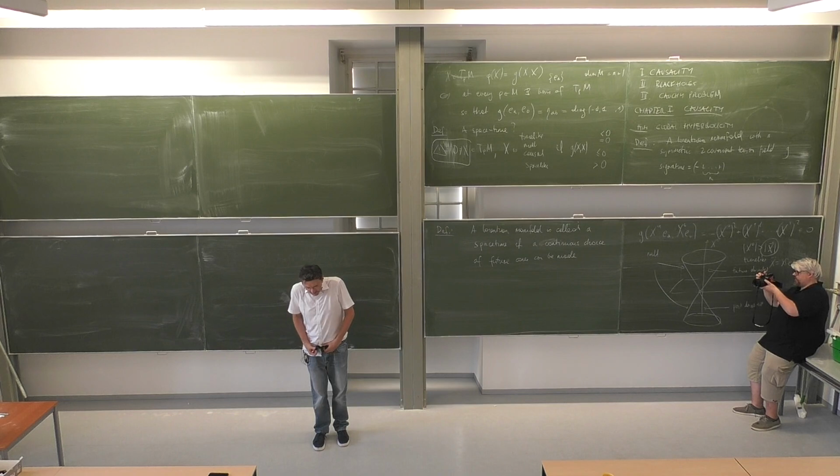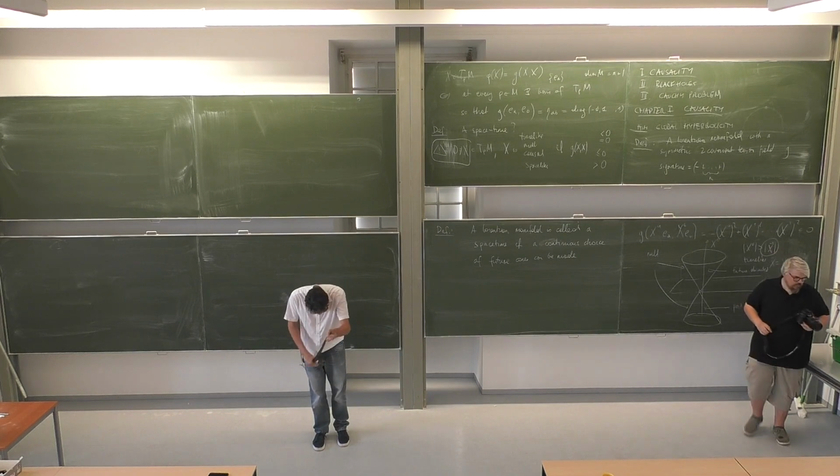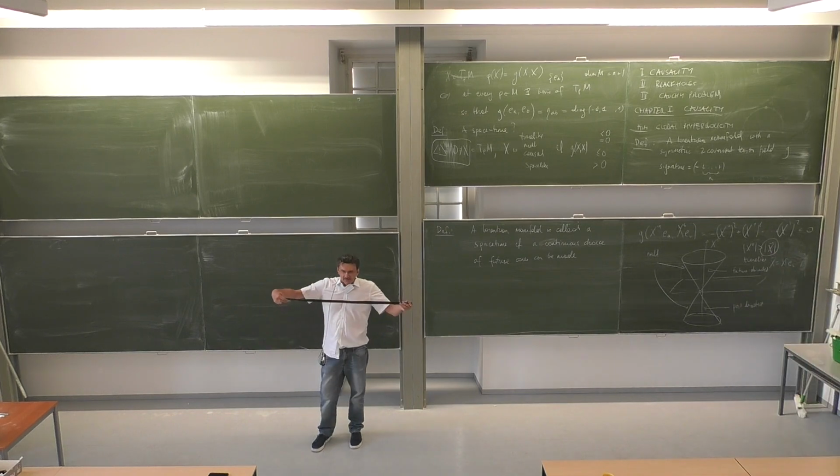Let me just try to remove my belt and hope for the best. So this is an example of a Lorentzian manifold, which is a space-time. This is a flat manifold, and time goes up, and space goes sideways, and the metric is just minus dt squared plus dx squared. If I identify it like that, then this is a nice manifold where pointing upwards is future.